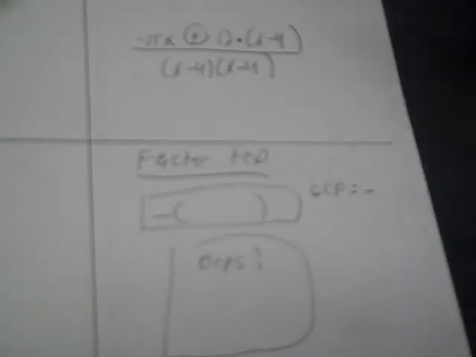Now we need to see if that expression factors. So GCF and DOPS. GCF, you do have a negative, so you are going to have to do a GCF. And you can divide these by 3, but not x. So negative 3 factors out of there. And then when I divide by negative 3, what do I get? I get 1x plus 16. Not a DOPS, so cross that out.